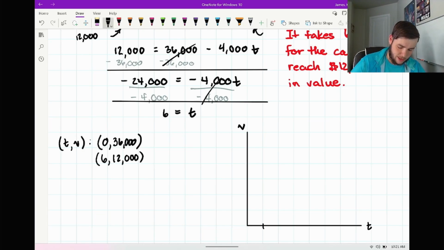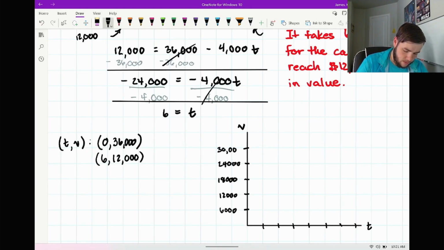Here, it makes sense to just count 1, 2, 3, 4, 5, 6, and so on years, but on our vertical axis V, we may want to use a different scale. Otherwise, we're going to have to go way off the page. So I'm going to count by 6,000s. You are more than welcome to do this on your work, but you should always label your axes if you're not just using a normal axis system. 30 and 36.